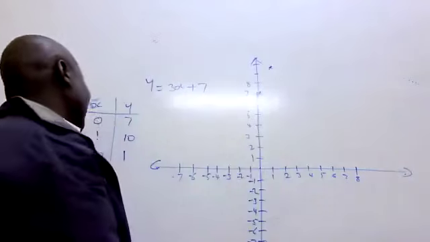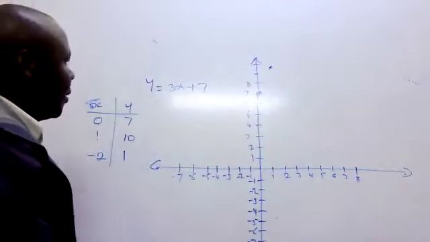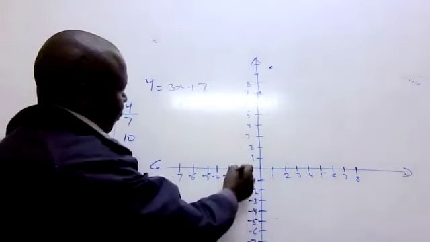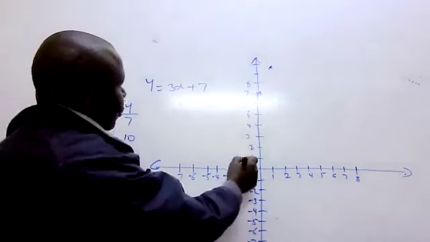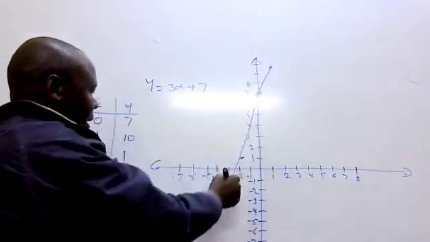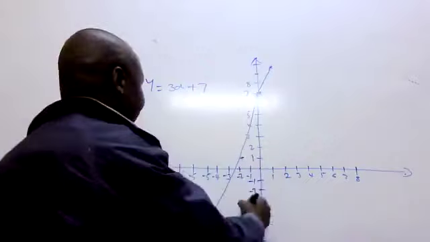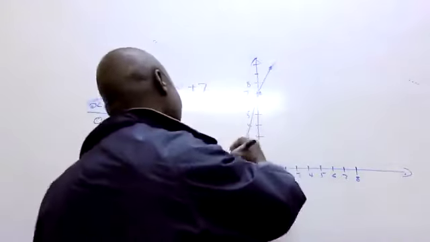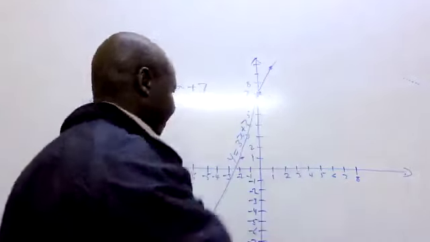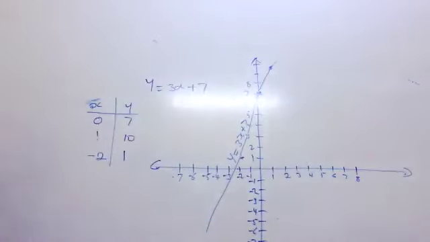When x is negative 2, y equals 1, somewhere there. Then you just draw a straight line joining these points. This graph is for y equals 3x plus 7. Draw it using a ruler.